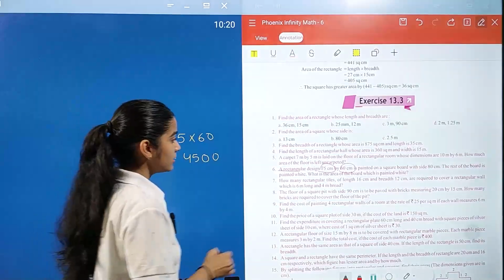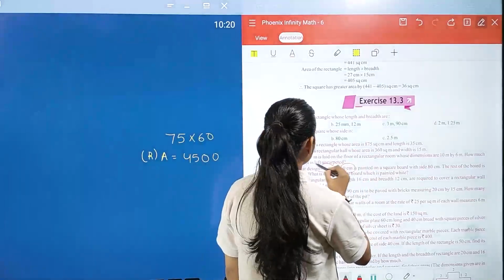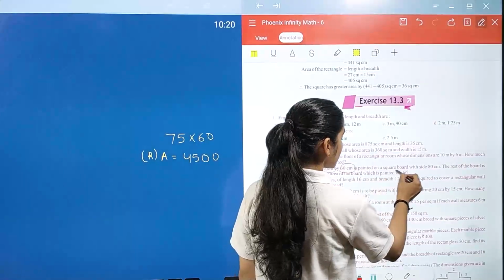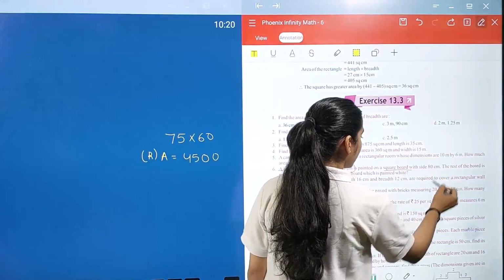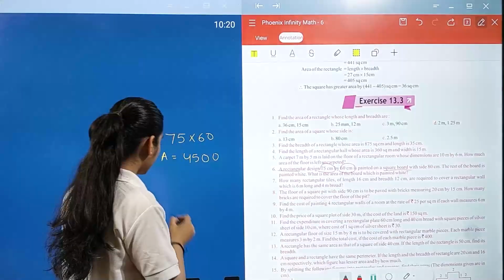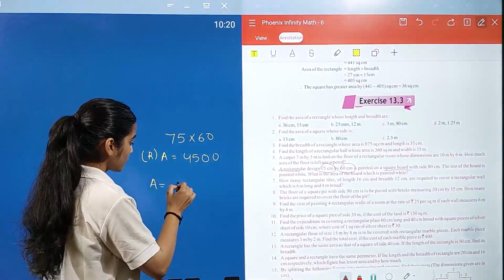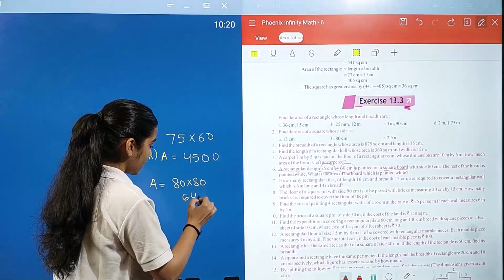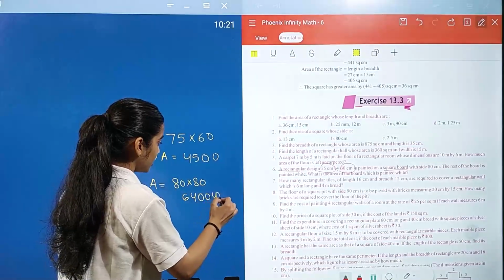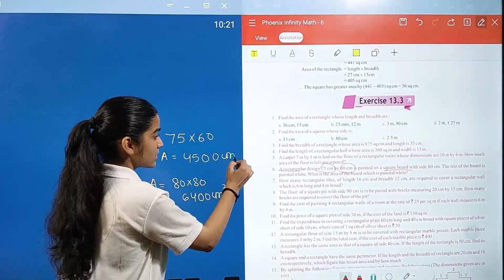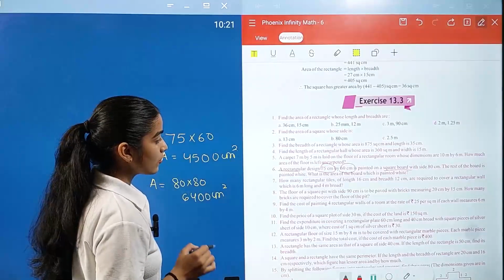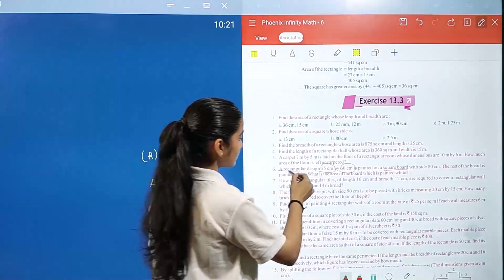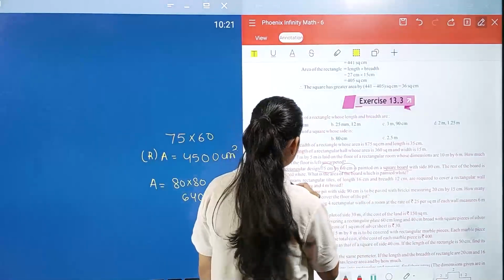After this, the square board has a side of 80 centimeter. So you have to calculate the area of the square board, which is 80 multiplied by 80, 6,400 centimeter square. The rest of the board is painted white.